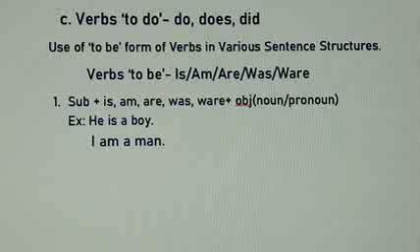Dear children, in this example you can see the subject is I, and just remember what I had told you in my previous lecture: when the subject is I, we need to use only and only a single auxiliary verb, which is am. Okay? In place of am, if you like to use is, are, I cannot use. Okay? So we need to use am whenever the subject is I. Okay? Now let's see the other example.